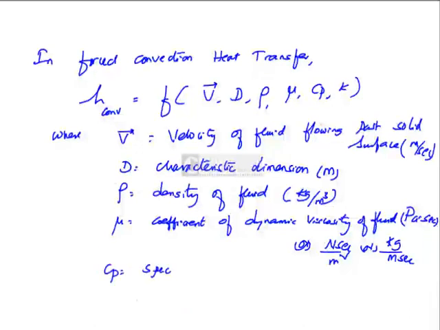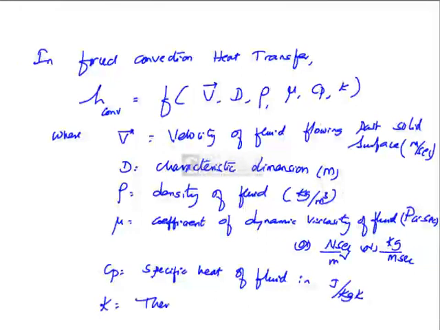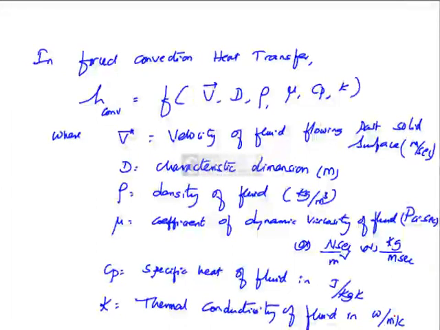Cp is the specific heat of fluid in joule per kg Kelvin, and k is the thermal conductivity of fluid in watts per meter Kelvin.